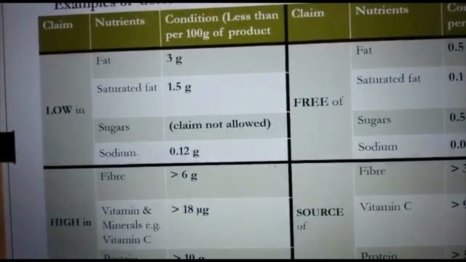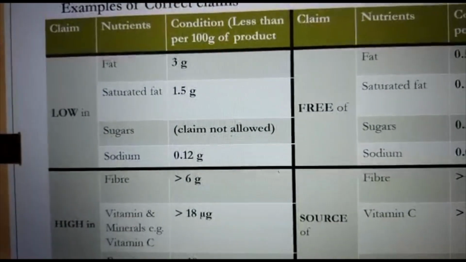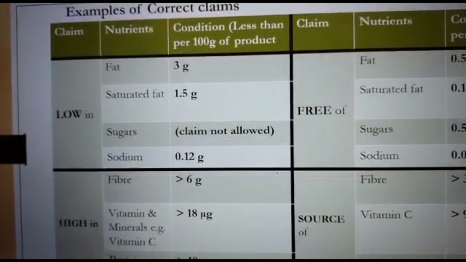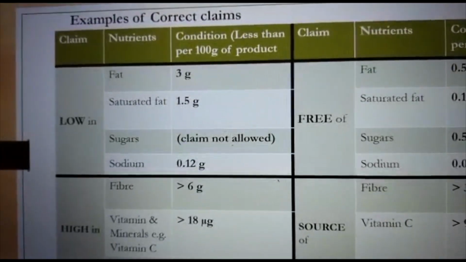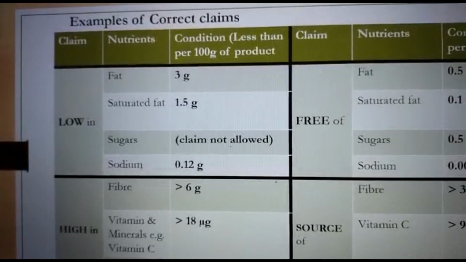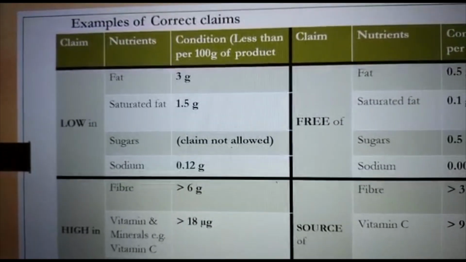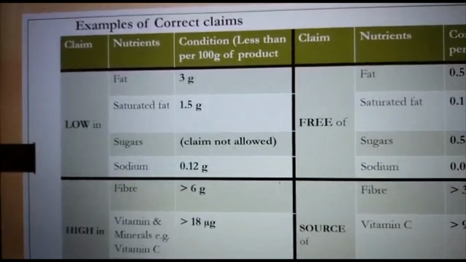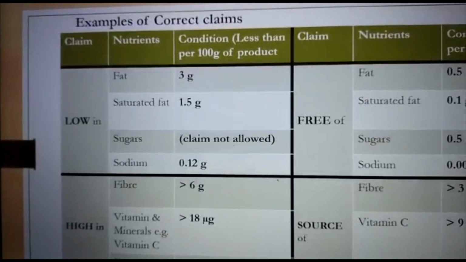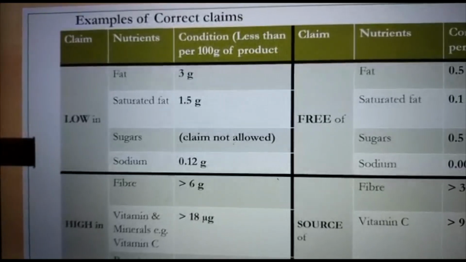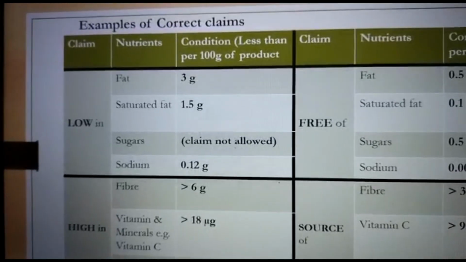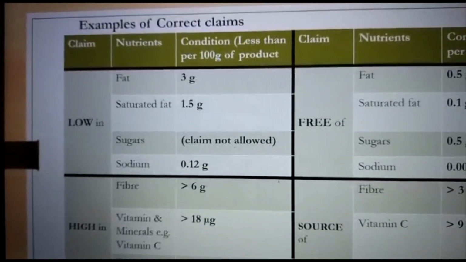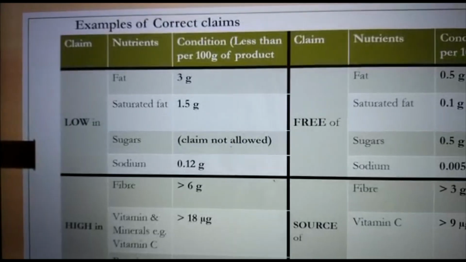For example, if we talk of a product containing low in fat or low in saturated fat, what we are saying, if I take 100 gram of that product, and isolate fat, I will only find it to be at 3 grams. That will be low in fat per 100 grams. For example, if it is a piece of bread measuring 100 grams and we test for fat, it should not exceed 3 grams. And the rest will also apply for saturated fat, sugars, and sodium.